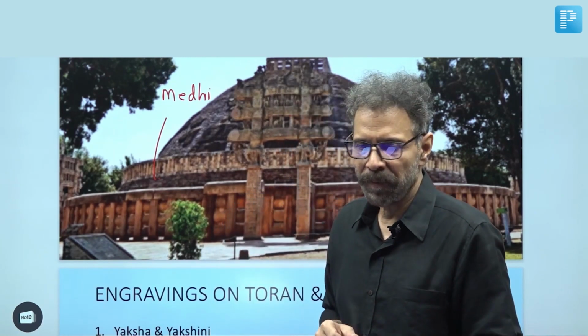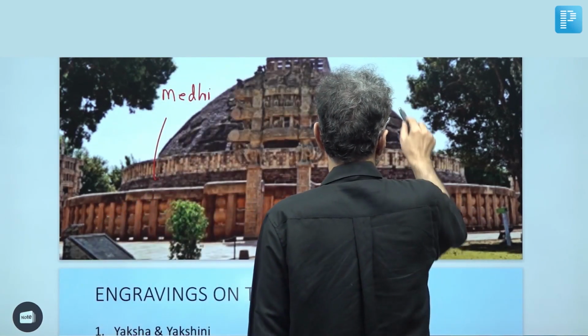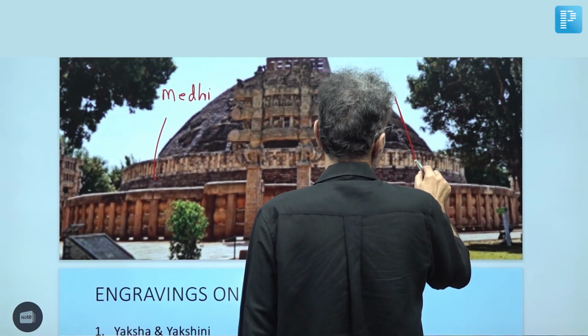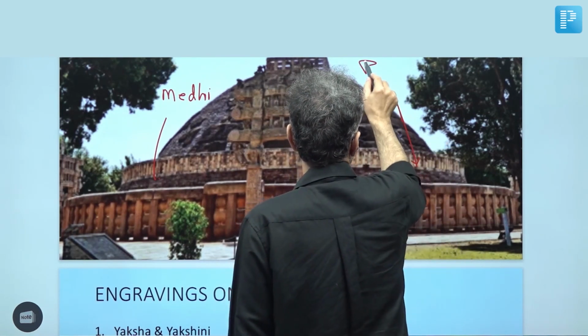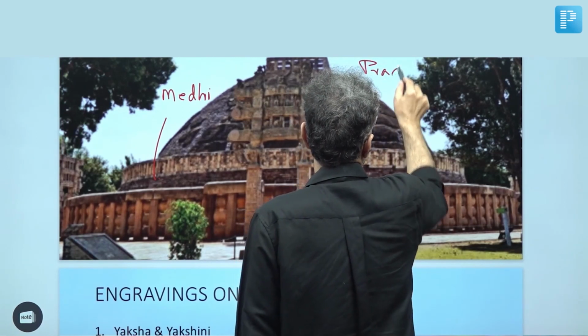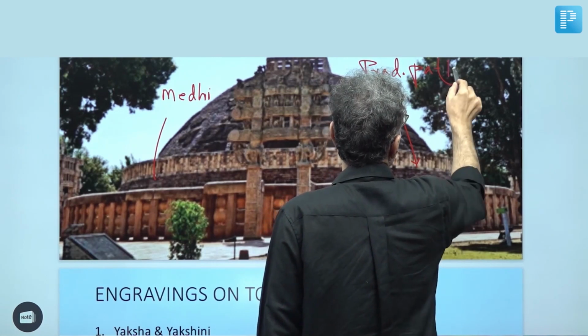And the way it is constructed, some areas of Medhi jut out on all sides, and this area serves as the Pradakshina Path. So the Pradakshina Path is here. Inside that Pradakshina Path, I'm writing in short.